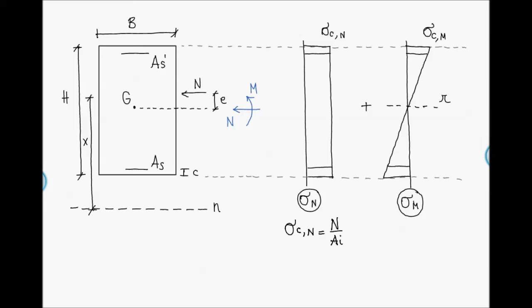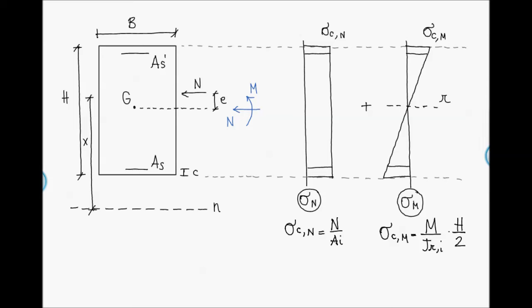And sigma Cm is equal to M over Jri by H over 2, which is the stress in concrete in case of flexure, and we are considering Jri, which is the moment of inertia of the resistant cross-section with respect to the neutral axis R, considering only the flexure.